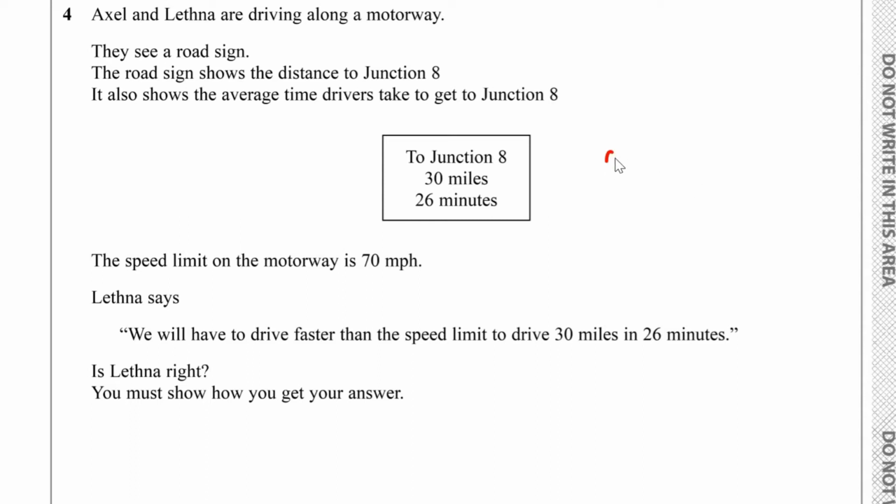To go from minutes to hours, we would have to divide by 60, and to go from hours to minutes, we would have to multiply by 60. So therefore, 26 minutes is equal to 26 over 60 hours.